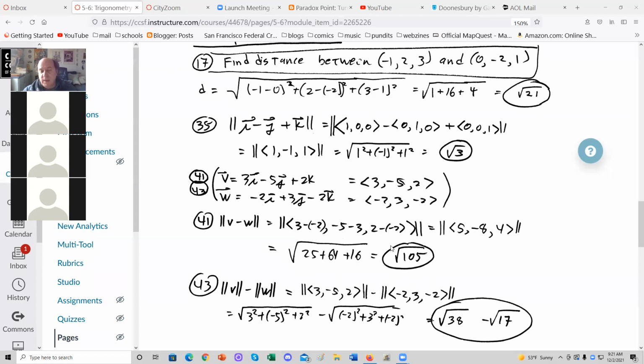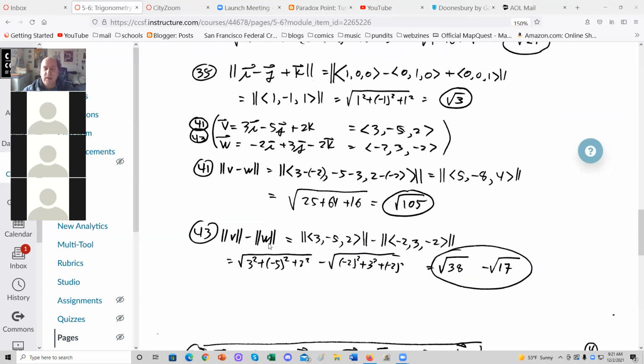All right, next. Length of v minus length of w. Okay, so here, the length of each one. Length of (3, -5, 2) minus length of w, length of (-2, 3, -2). Length of (3, -5, 2) is the root of 3 squared plus -5 squared plus 2 squared.